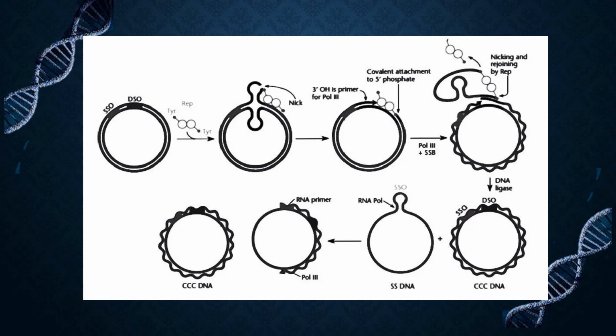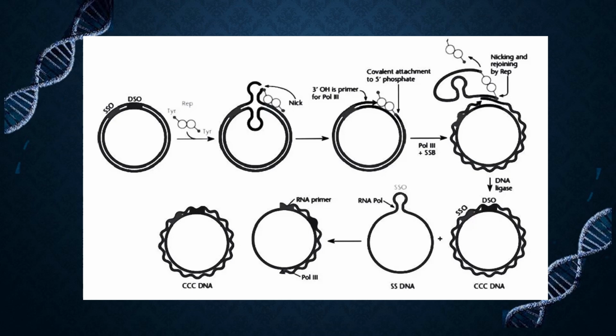As replication from the double strand origin continues, the nicked strand is looped out, and a second trans-esterification by Rep on the double strand origin will release a daughter duplex and the replication intermediate called the replicative form.